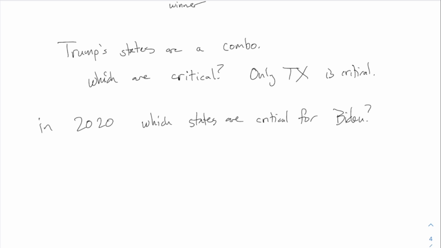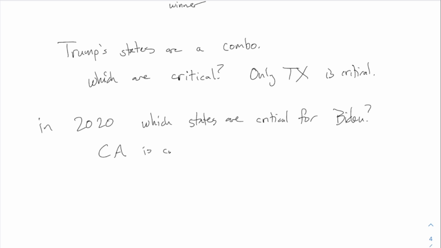Your eye should be drawn to California, right? That's the biggest one. So is California actually critical? The way you would figure that out is by taking Biden's total of 306, subtracting out California, and seeing if that causes it to go below the quota. And it does. If you remove California from Biden's total, it goes below 270. So the answer is California is critical.